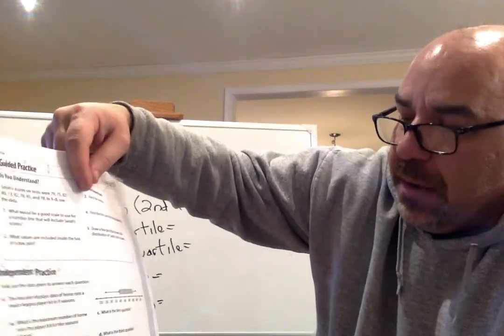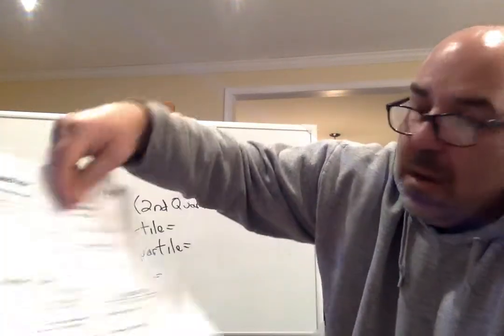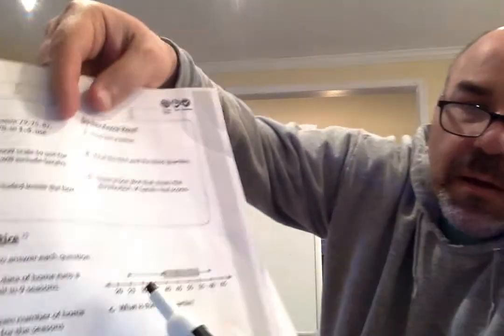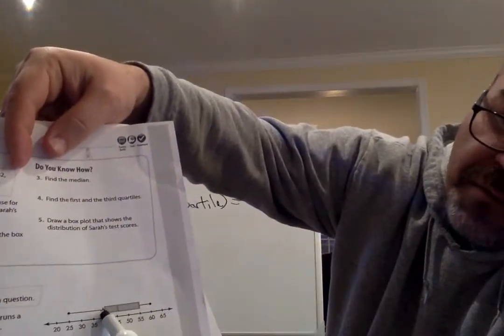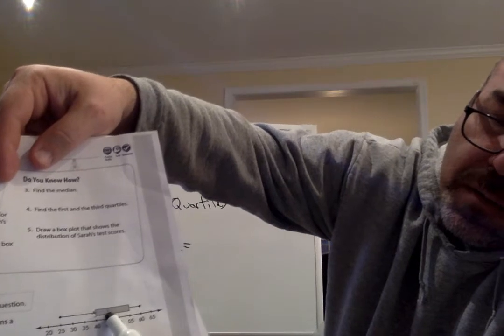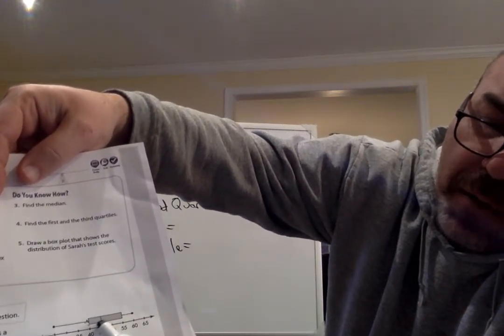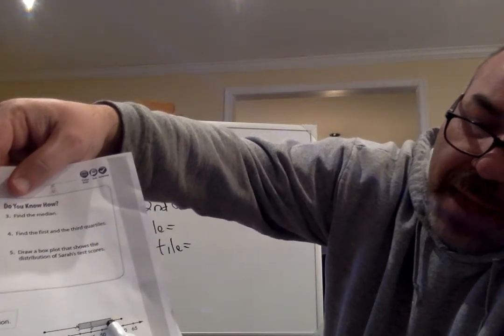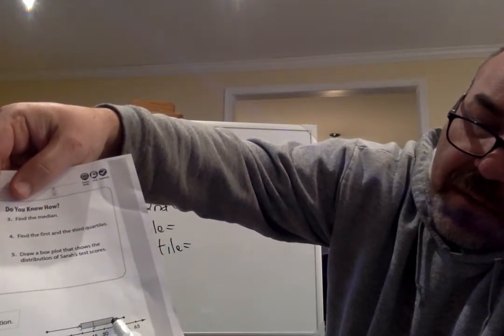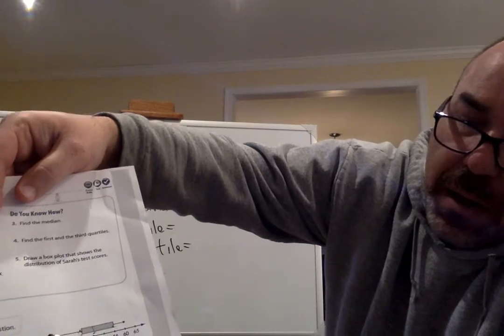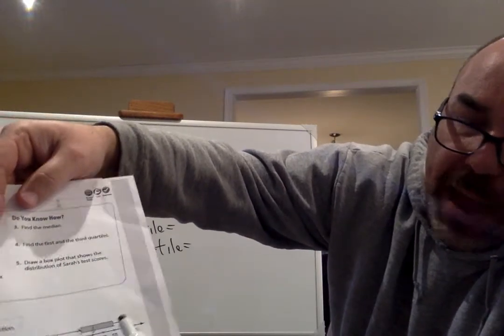And that answer is 55. Again, this front edge of our box is the first quartile. The vertical line in the middle is the second quartile or the median. And this outside edge of the box is our third quartile. Here's my minimum. Here's my maximum.